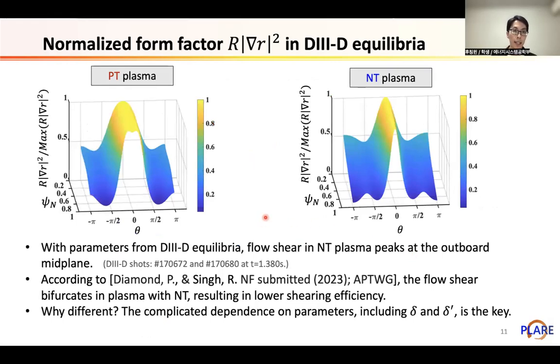In this slide, I calculate the normalized form factor with the parameters from these D3D plasma experiments. In those figures, this axis is the poloidal coordinate theta, and this axis is the normalized psi. For the PT case, we can see a bifurcation in the low field side. And for the NT case, we can see a strong peak at the low field side midplane.